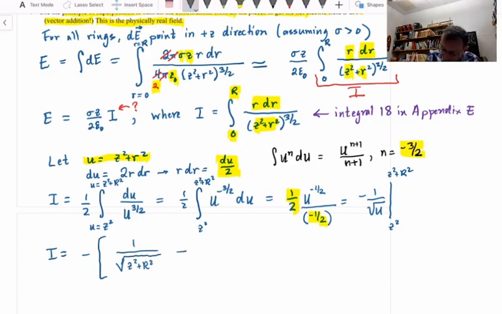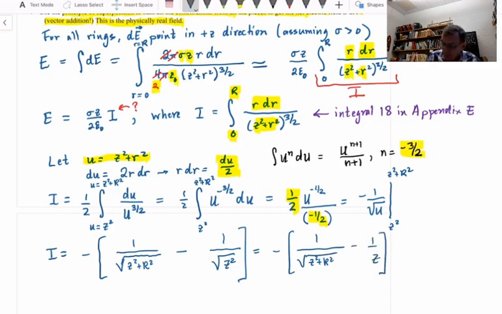Minus 1 over square root of z squared, which we can write as minus 1 over z. Or, distributing the negative sign through, we get 1 over z minus 1 over the square root of z squared plus r squared. There's the integral I, that whole thing.